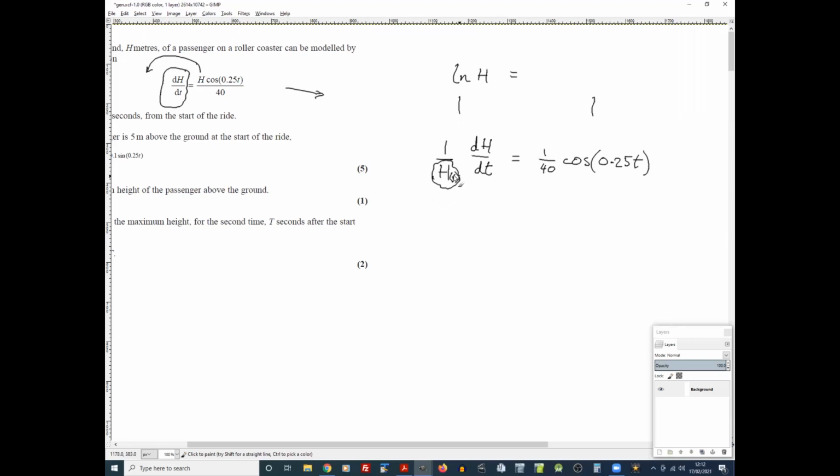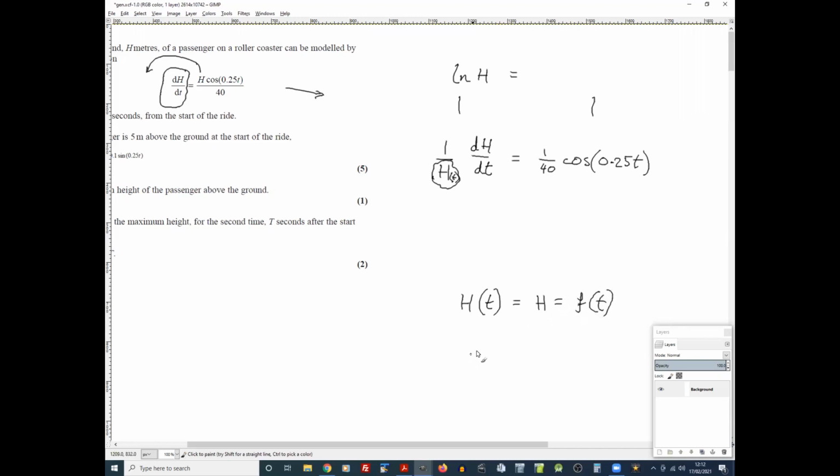Yes, I put that little t in there just to remind us that h is implicitly a function of t, we just don't know what. That's also another little shorthand. h of t being h equals a function of t.